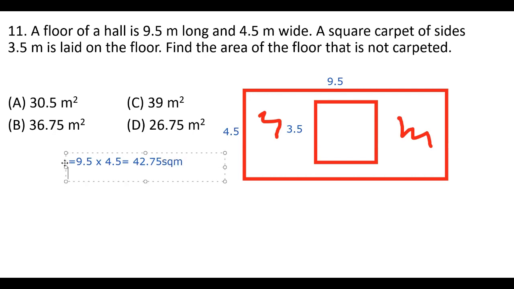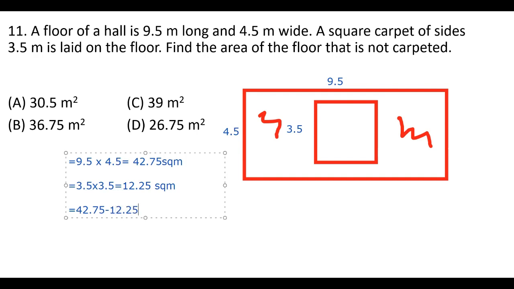And the area of the square would be 3.5 times 3.5. That is going to be 12.25 square meter. Now our answer would be 42.75 minus 12.25, which is going to be 30.5 square meter. So our answer to this question would be A, that is 30.5 meters square.